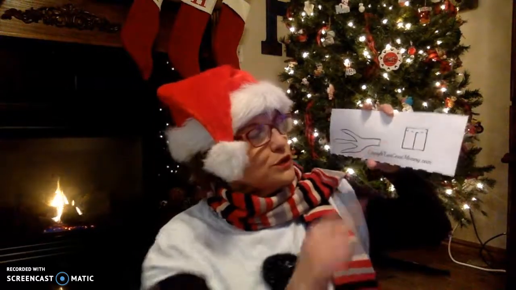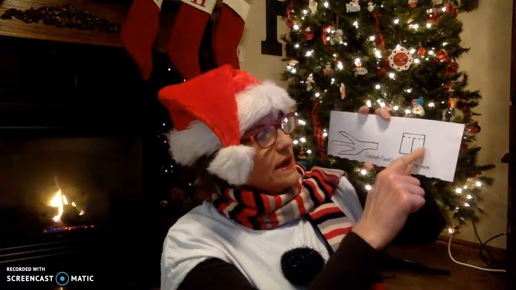So cut here all the way around, and do not cut on that dotted line. You're going to fold on that dotted line after you have the teeth cut out. So you will cut on the outside of the teeth. You will not cut this line. You will not cut that line.